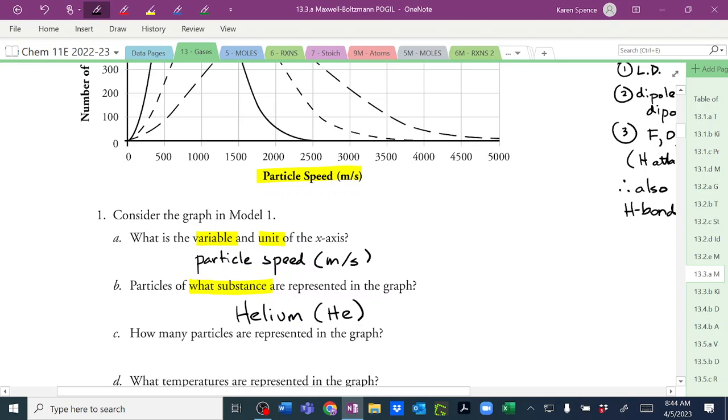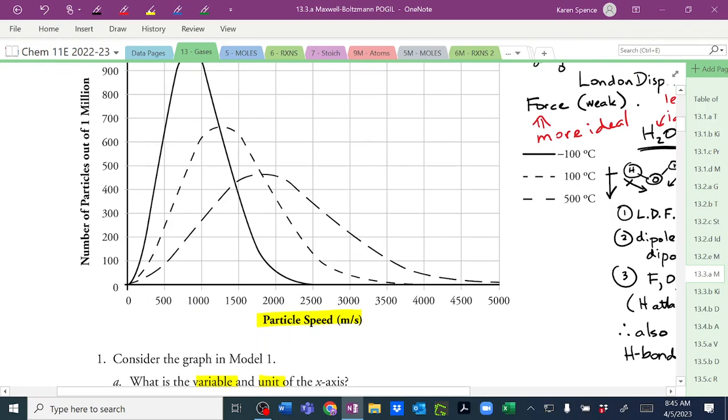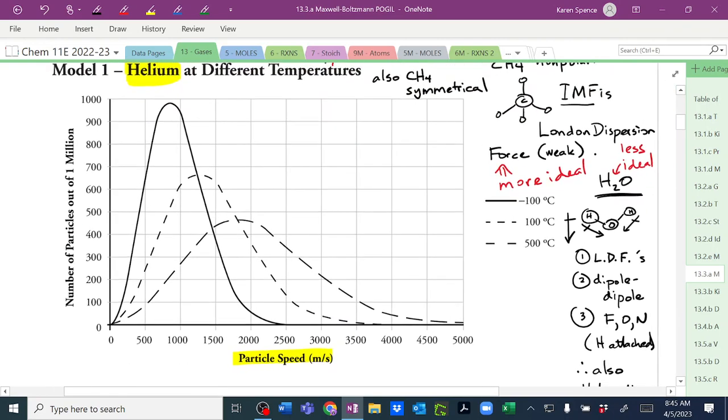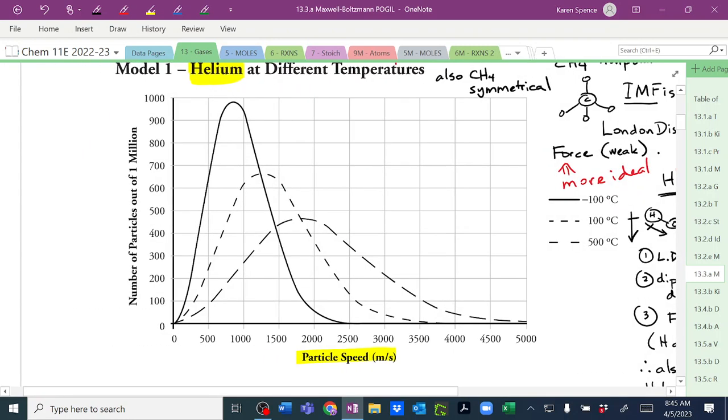How many particles are represented in the graph? I'm going to give you guys a choice. Is it 1 million or is it 1,000?